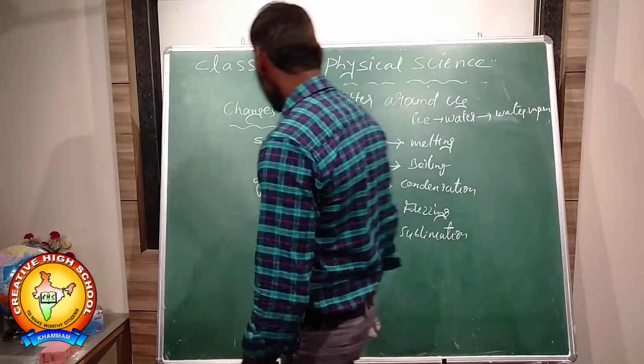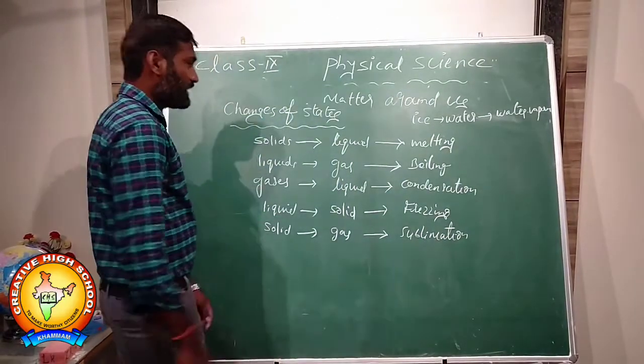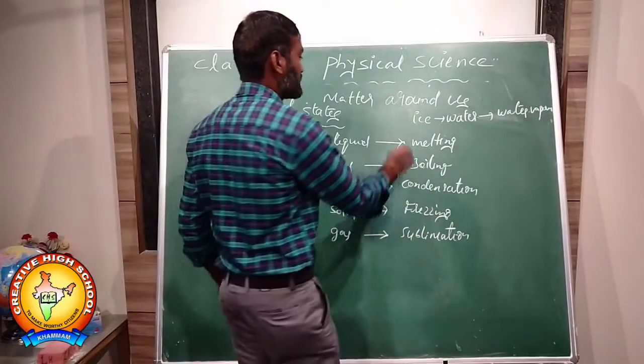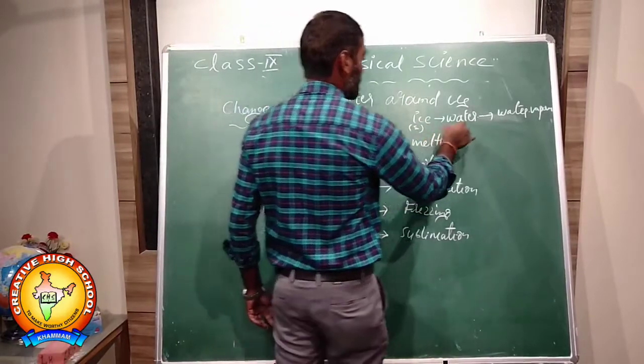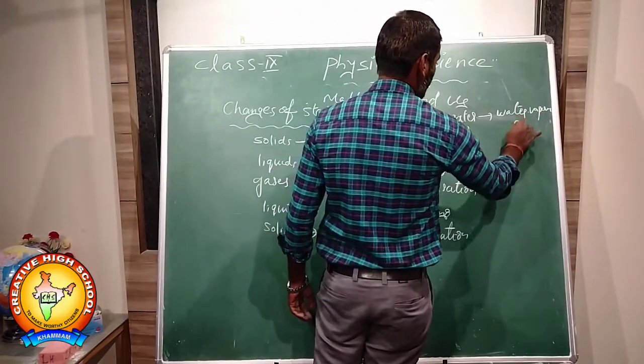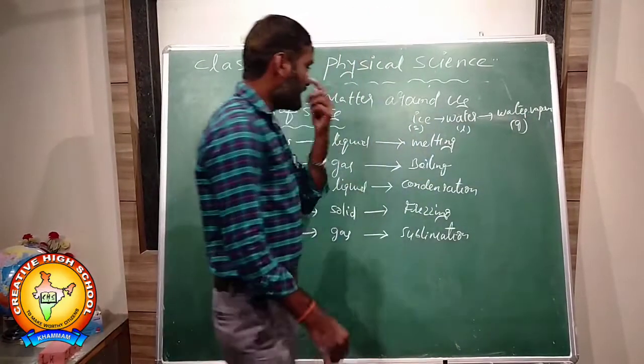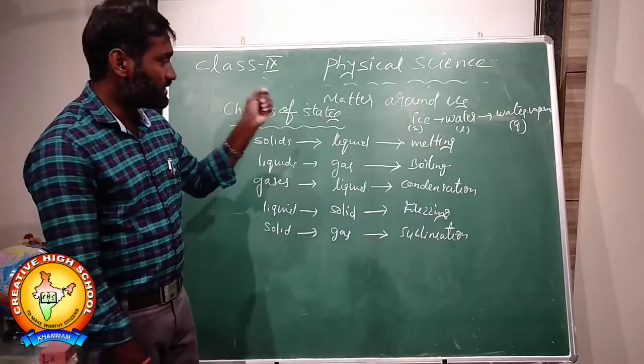Ice is a solid state. Water is a liquid. Water vapor is a gaseous state.